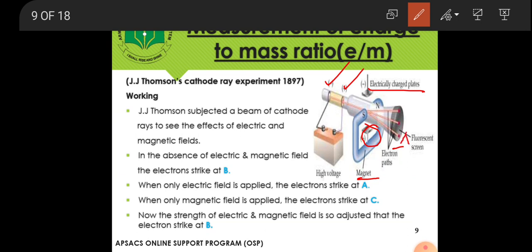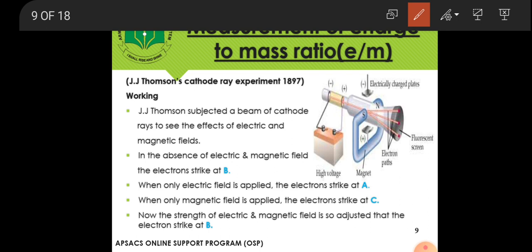This is point A on the screen, this is point B, and this is point C. J.J. Thomson studied what happens to the beam of cathode rays in the magnetic field and in the electric field.